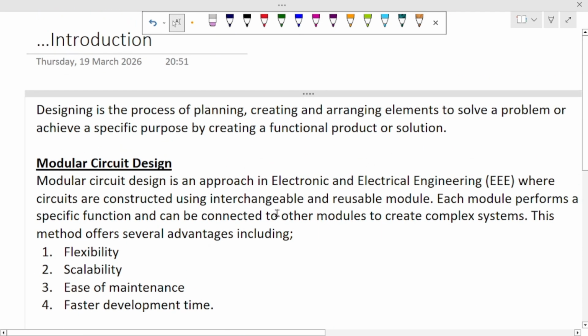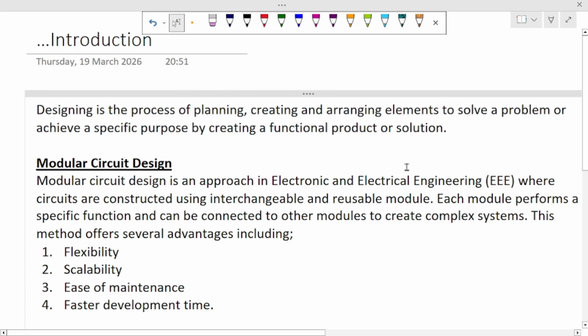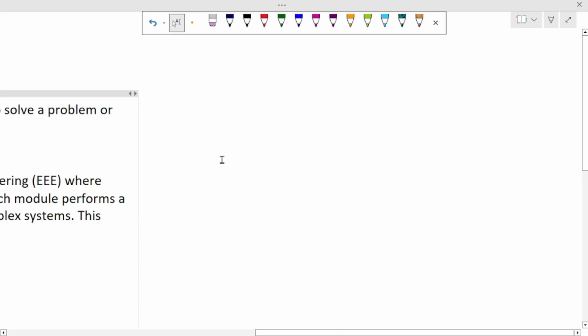Now, bear in mind that this definition you have here, you can have other definitions, maybe close to it, but just get the idea. You can maybe vary your definition of whichever one. Of course, if you browse, you see different definitions. So we have four approaches to design here.